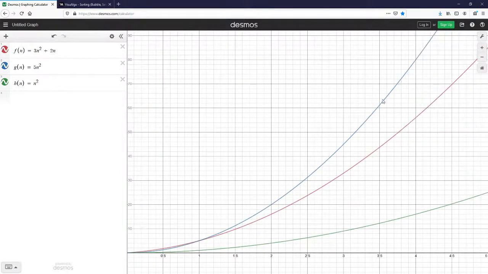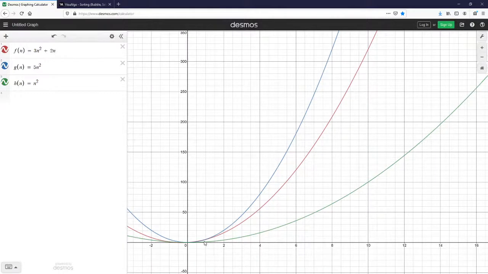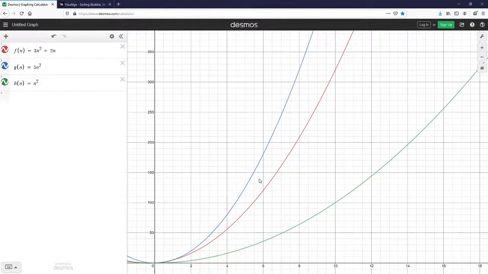That makes it look a little bit better. If we zoom out, yes, this function was bigger early on, less than 2. But after 2, the asymptotic behavior takes over: 5n squared is bigger than 3n squared plus 2n, which is also bigger than n squared.